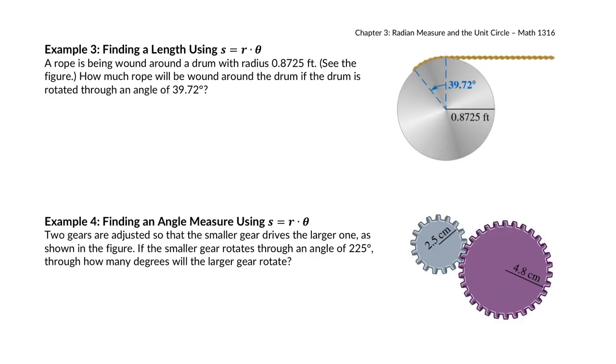This question says a rope is being wound around a drum, which is very hard for me to say fast, wound around a drum with a radius, highlight that, a radius of 0.8725 feet. We have this in our figure, okay? How much rope would be wound around the drum if the drum is rotated through an angle of 39.72 degrees?